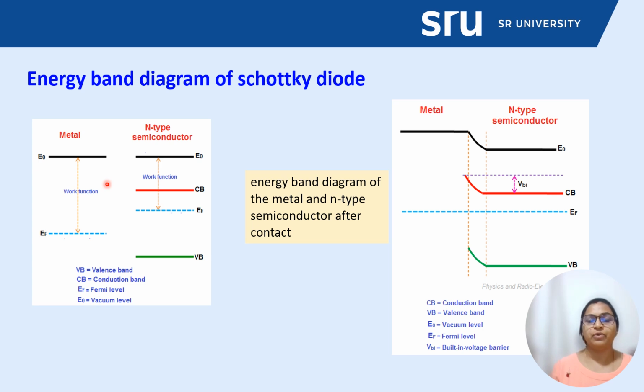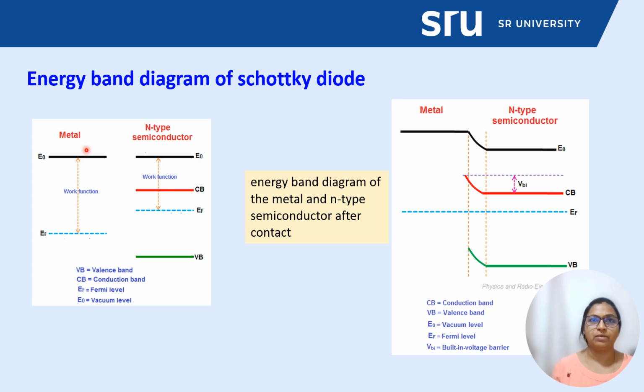The work function of any material is defined as the energy required to move an electron from the Fermi level to the vacuum level. That means this is the energy required to move an electron from the Fermi energy to the vacuum level.